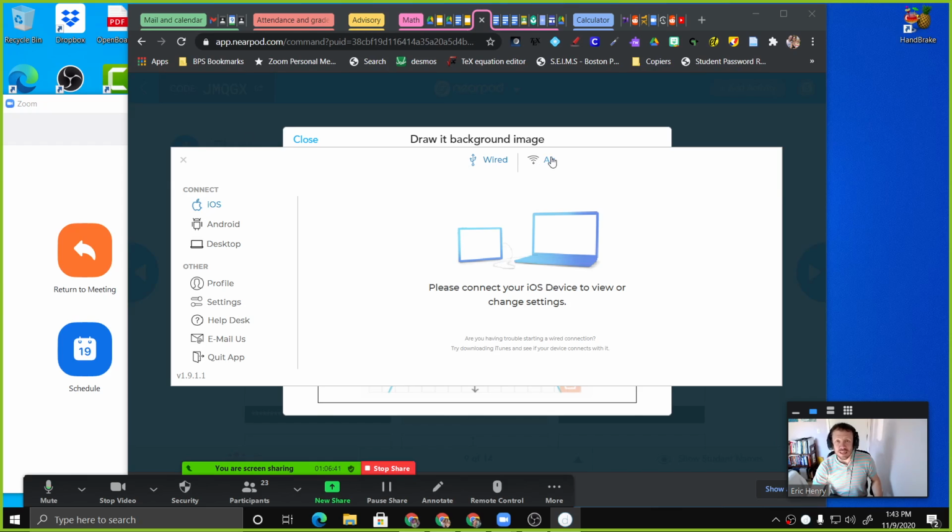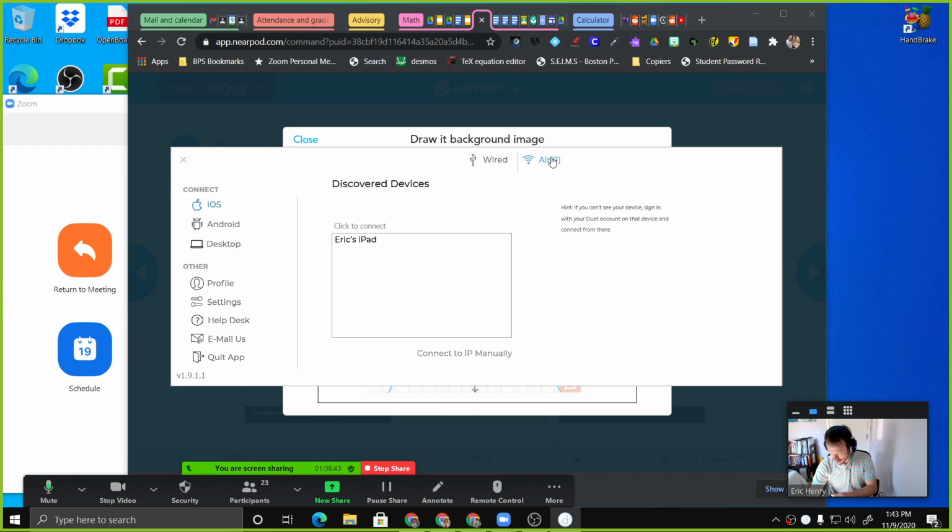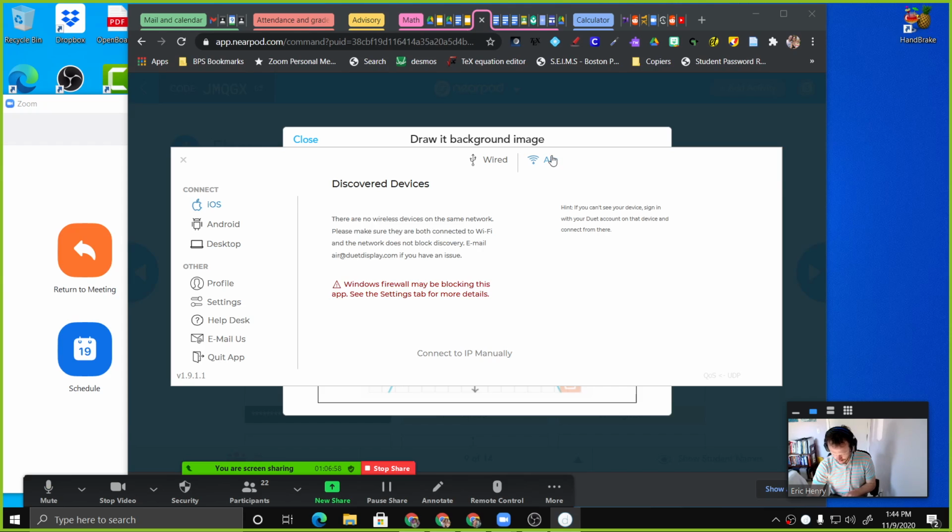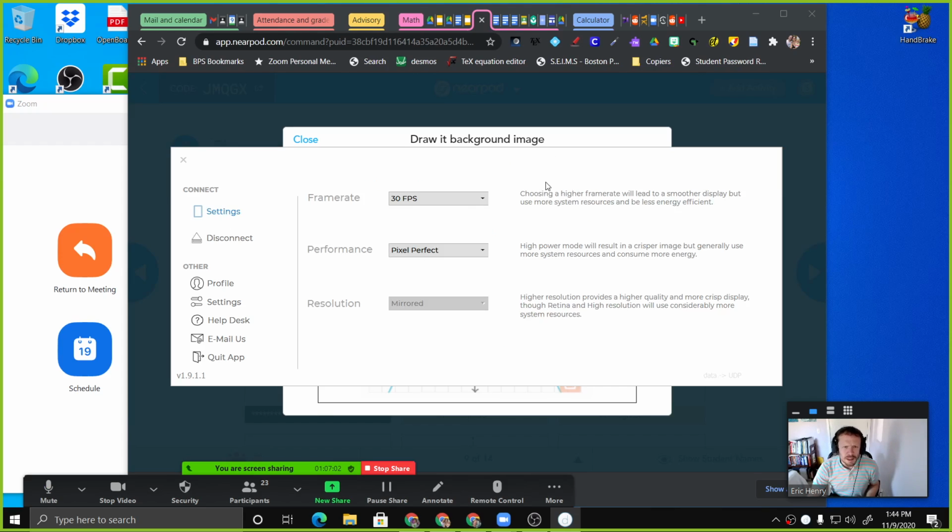I'm on iOS. I hit AirPlay here. And I'm going to simply mirror what's going on so I don't get myself completely confused. And I have it. There we go.